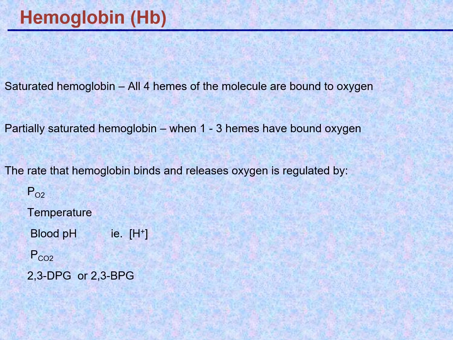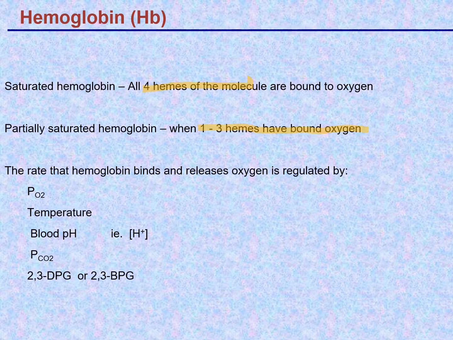Hemoglobin, when fully saturated, has all 4 heme molecules with oxygen bound. If partially saturated, then anywhere from 1 to 3 hemes are bound up with oxygen. When fully depleted of oxygen, it would be 0 oxygen molecules.